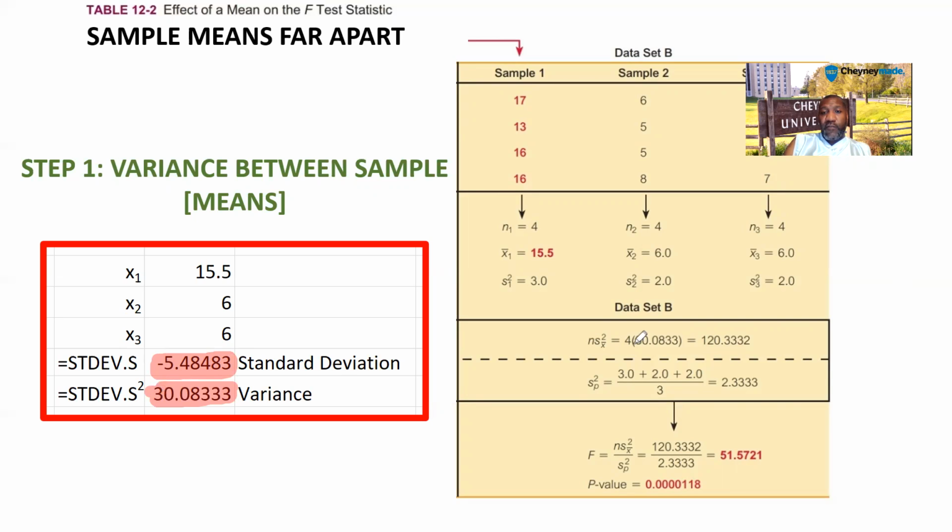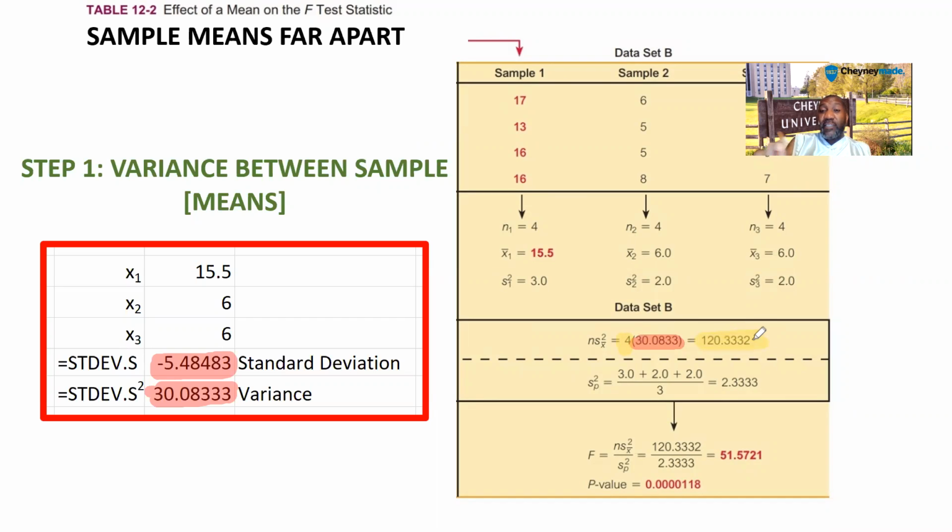And then, of course, we find that value. And like I said, the variance between sample means is not just completely calculating the variance, we also got to factor in sample size. That's why we'll multiply it by 4 right there. 4 times our variance, because it's a whopping value of 120 point blah, blah, blah.